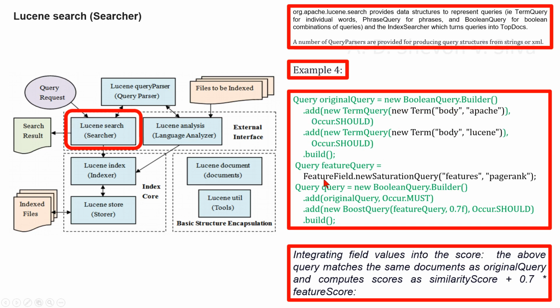Here you can see a FeatureField. This is a field that can be used to store static scoring factors into documents.